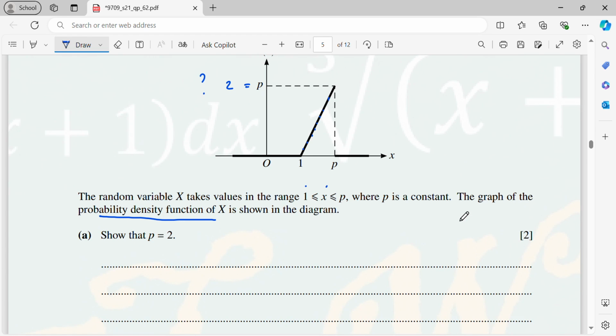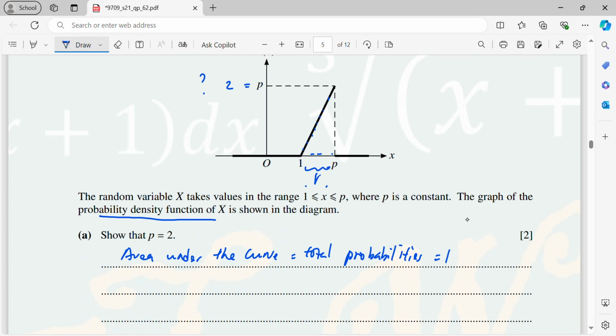Alright, so we know that the area under the curve is basically the total probability, right? Area under the curve is the total probability, which is 1. That means now the area of the curve, this is a triangle.